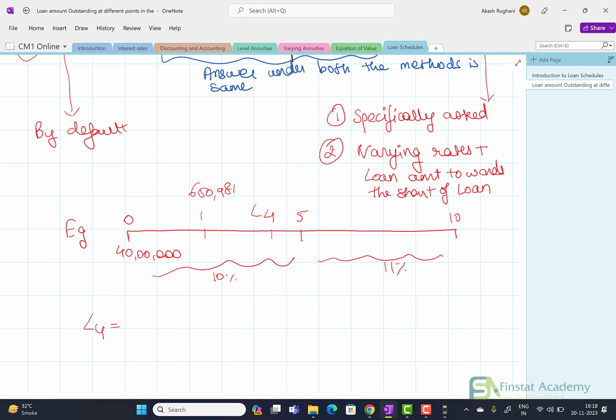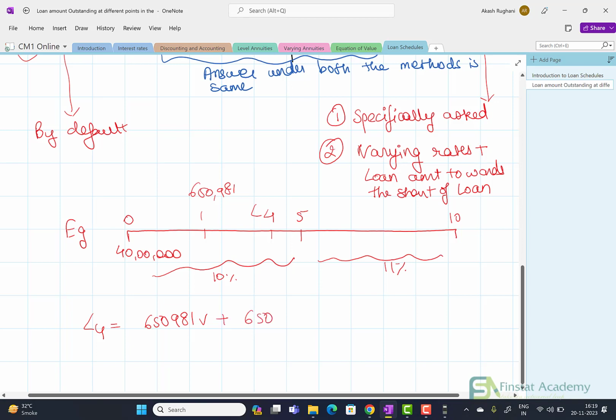Since there is only one installment coming at time 5, I can directly put it as V, plus the remaining 5 installments from 5 to 10, 6,50,981 A5. Now I'll get the value at time 5, and I will have to take it to 4, so another V.